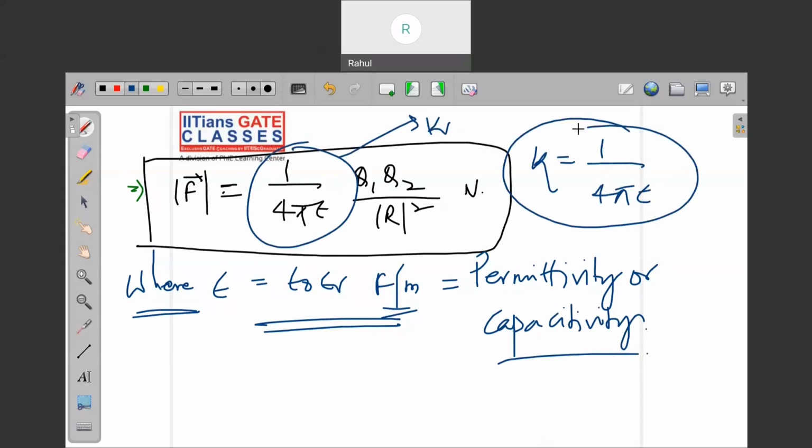Now in the question they will mention whether you are in free space. If they do not mention epsilon, you can consider that we are in free space, so epsilon will be equal to epsilon naught, because epsilon r is the relative permittivity.